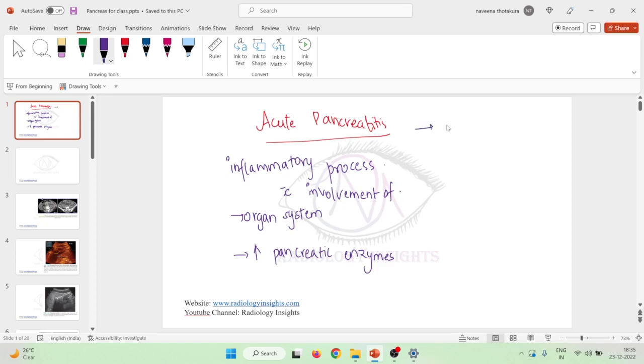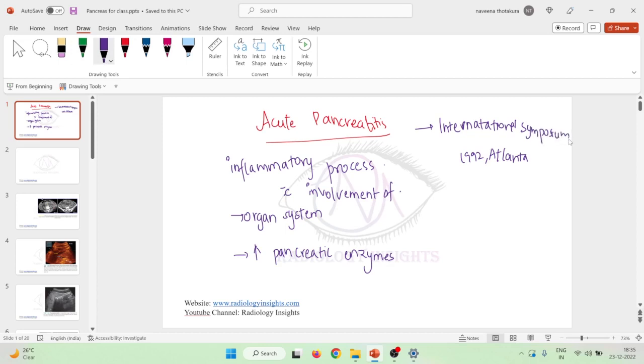This definition was proposed by the International Symposium on Pancreas, held in 1992 in Atlanta. At the 1992 Atlanta International Symposium, this acute pancreatitis definition was given.